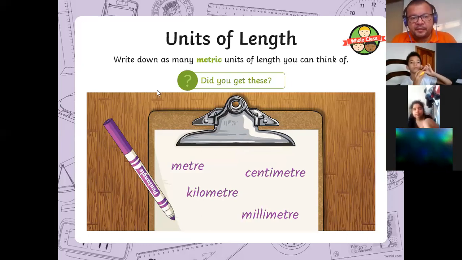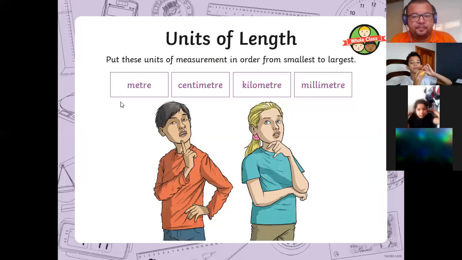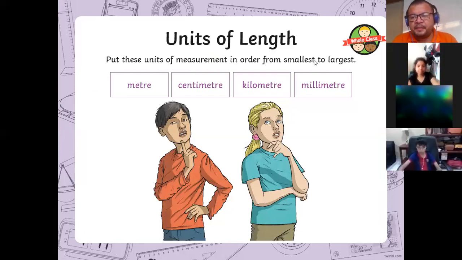Okay, let's continue. Now, let's put the units of measurement in order from the smallest to the largest. Which one do you think is the smallest?